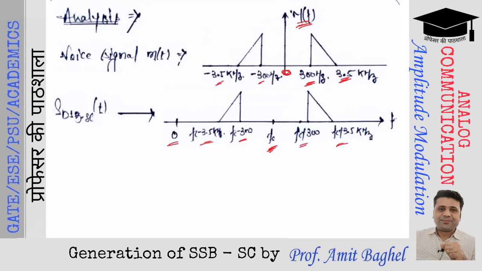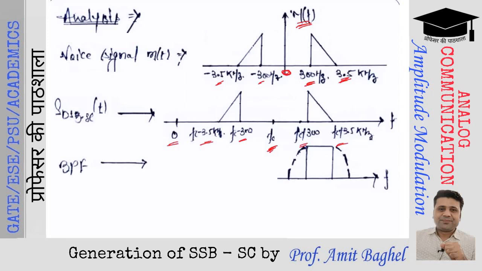Now let us consider a practical band pass filter. We are going to apply the DSBSC signal to the band pass filter, which is practical in nature. Even though the band pass filter is practical in nature and it allows the frequencies neighboring the cutoff frequencies, the separation between the lower sideband and upper sideband is too high for the other sideband to appear at the output of the band pass filter.